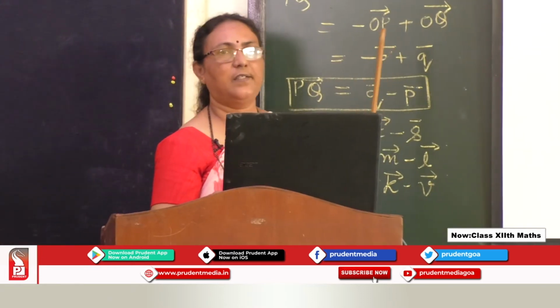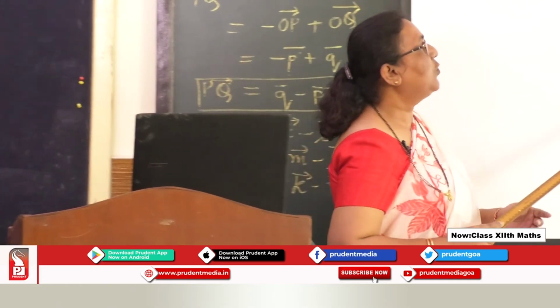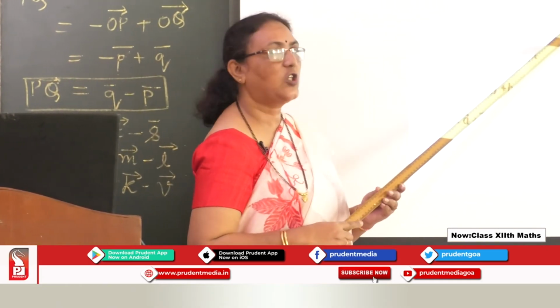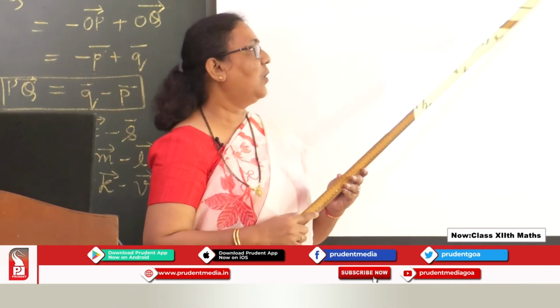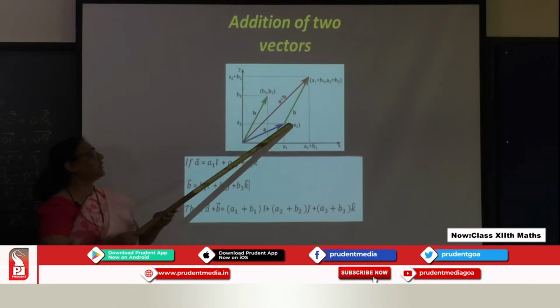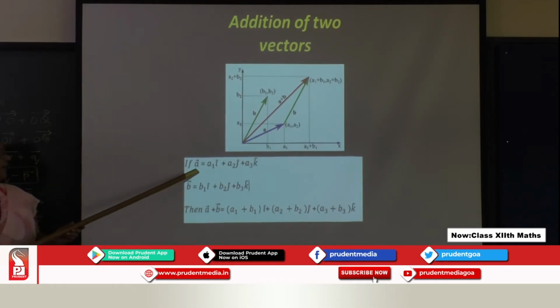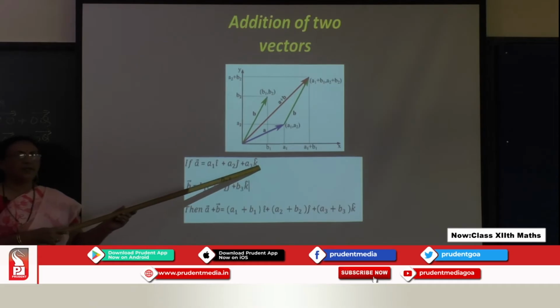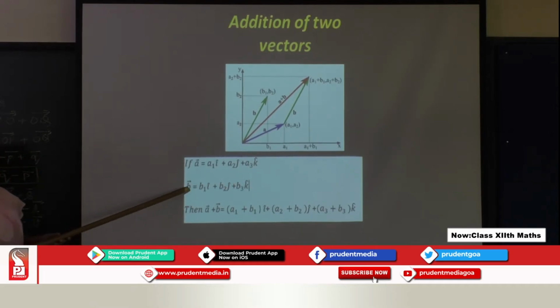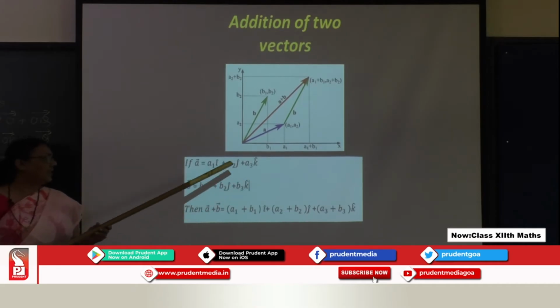Addition of two vectors. How to add two vectors? Now, see, these two vectors are shown in 2 dimension, A1 and A2, and here B1 and B2. A bar is one vector in 3 dimension, B bar is another vector in 3 dimension.